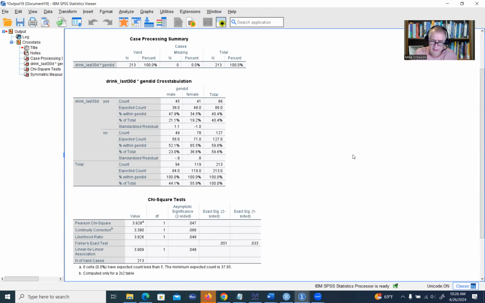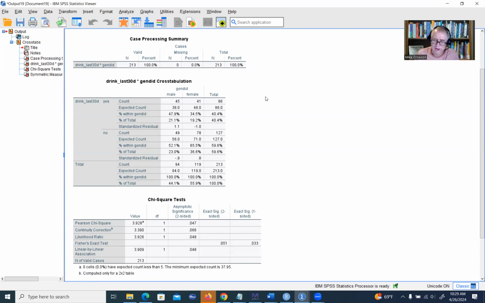So let's begin by talking about the contingency table. I know the main focus of this discussion is on the chi-square test, but it's really important that you are able to unpack what's going on in a contingency table, because the test just tells us whether there might be a relationship between our two variables.